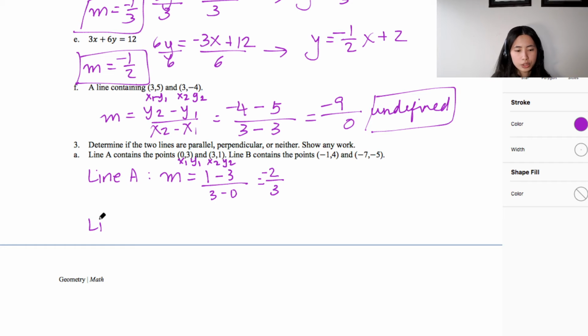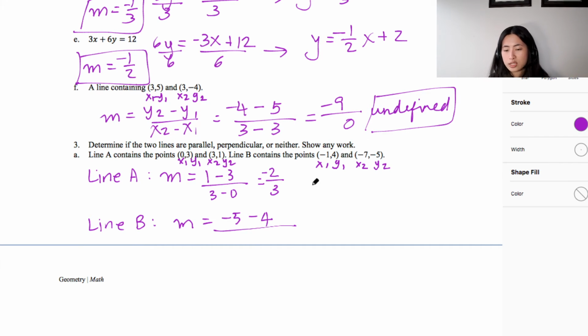And then if you're looking at line B, you have a slope which is equal to, so x1 is over here, this is y1, this is x2, and this is y2. So y2 is -5, and then your y1 is 4, so -5 minus 4. And your x2 is -7, then your x1 is -1.